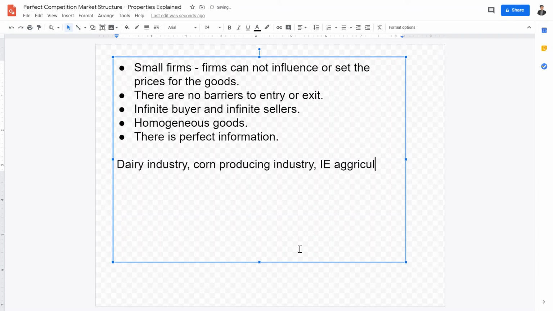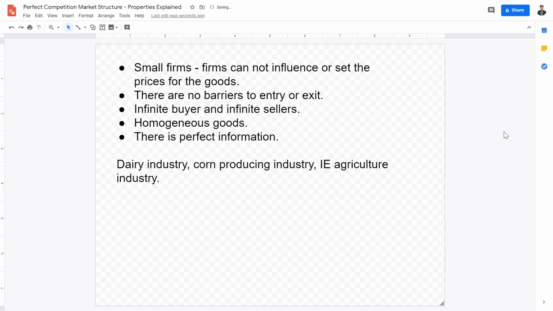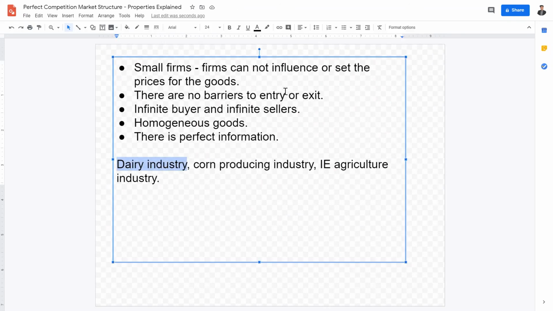Within the dairy industry, firms are usually small. That means firms cannot set the prices for a good within the dairy industry. However, there are high barriers to entry and exit, so it is therefore not a perfectly competitive market structure.